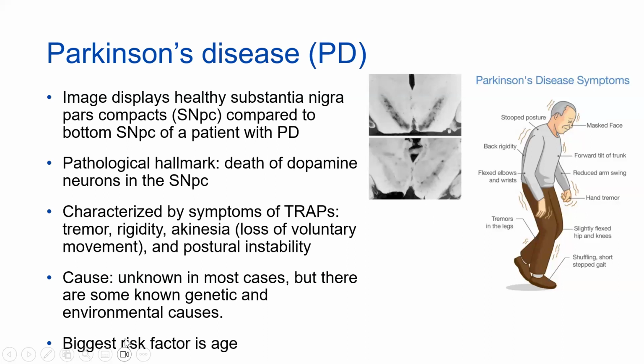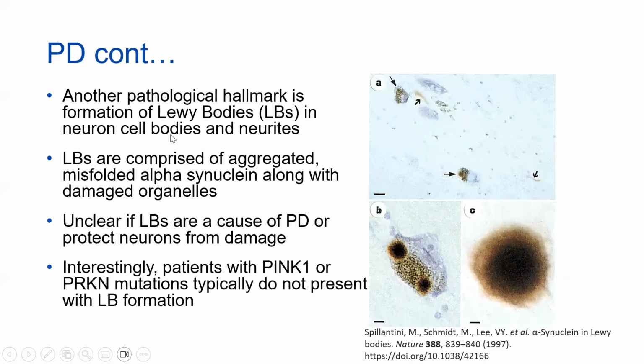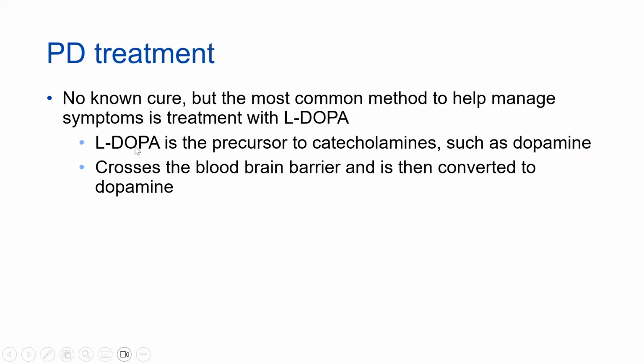Again, similar to Alzheimer's, age is the biggest risk factor. Know that alpha-synuclein is the main protein believed to be involved, and that when it's aggregated and misfolded, it makes up Lewy bodies, and that L-DOPA is treatment.